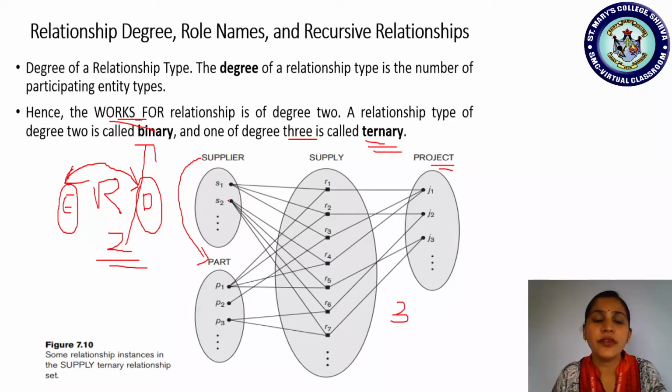Okay, supplier 2 has a supply instance relationship, supplying part 1 to which particular project? J1. Okay, so this is how it is being mapped. If you check here, supplier 2 has the supply instance, supplying part 3.